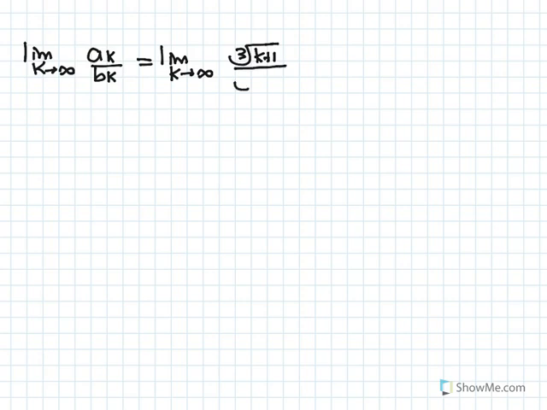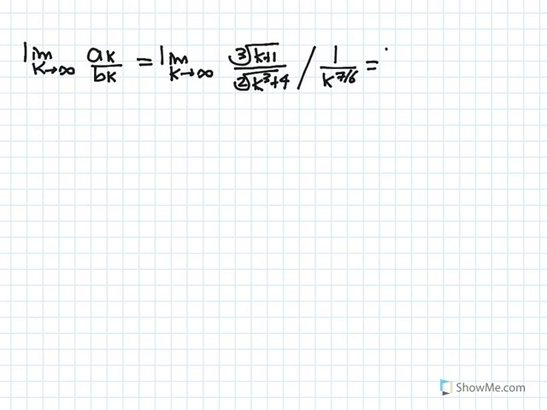Let's form the ratio: limit as k approaches infinity of a_k divided by b_k. This is equal to limit as k approaches infinity of third root of k plus 1, divided by second root of k cubed plus 4, divided by 1 divided by k to the 7/6.